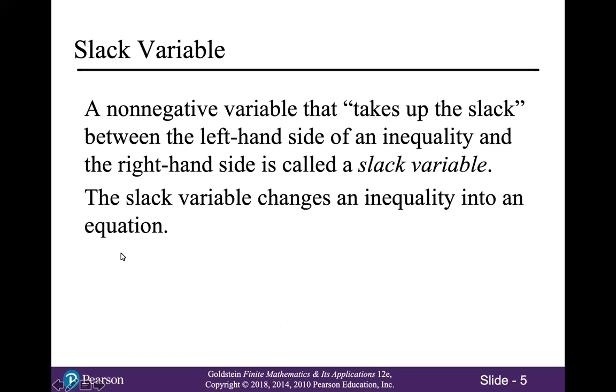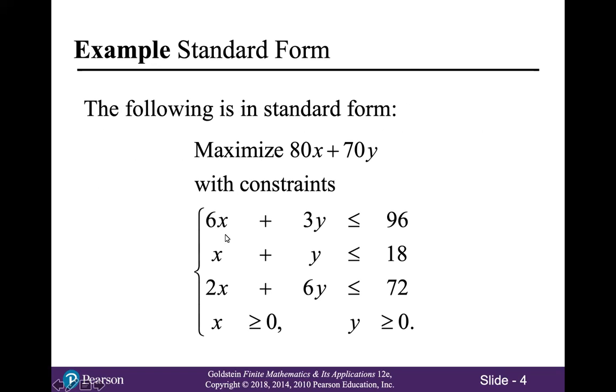A non-negative variable that takes up the slack between the left-hand side of an inequality and the right-hand side is called a slack variable. So before I continue, let me explain what the slack variable represents. Thinking back to this example from chapter 3, this inequality represented carpentry, the available amount of carpentry.